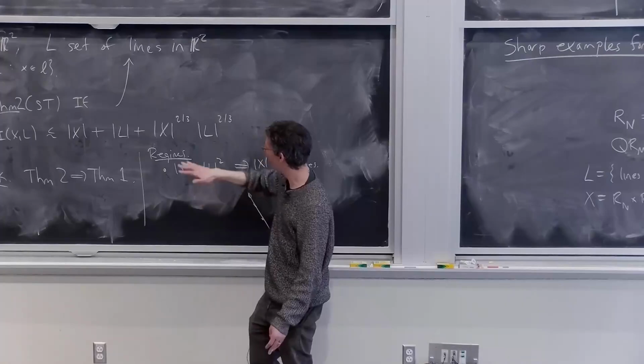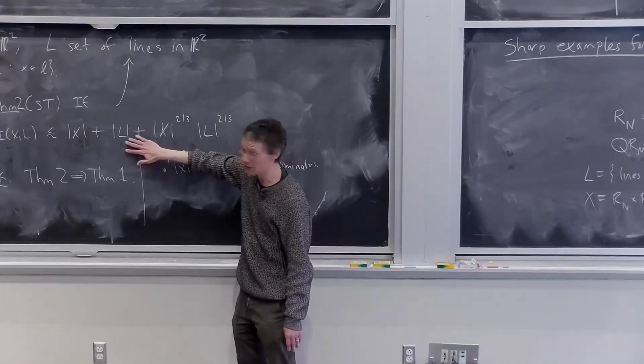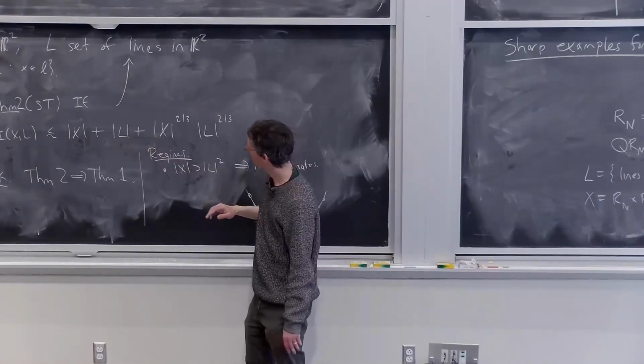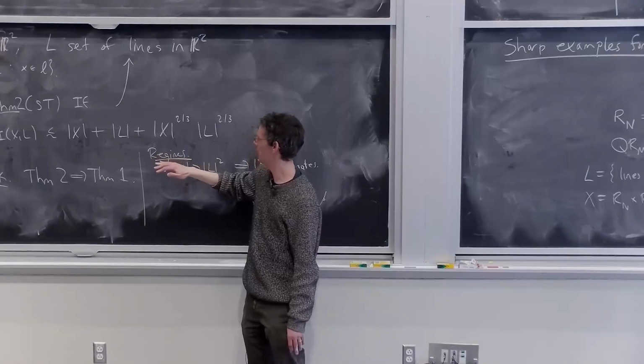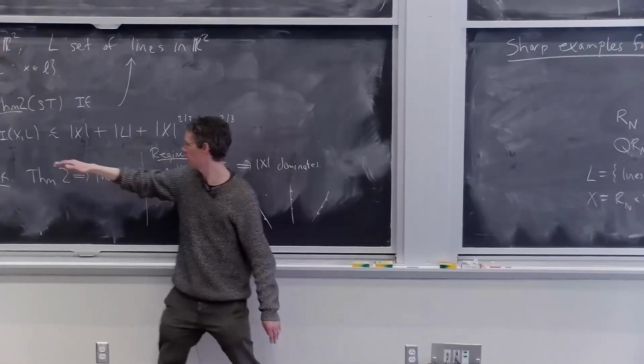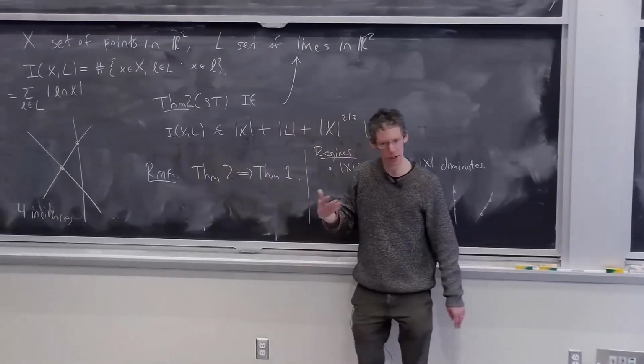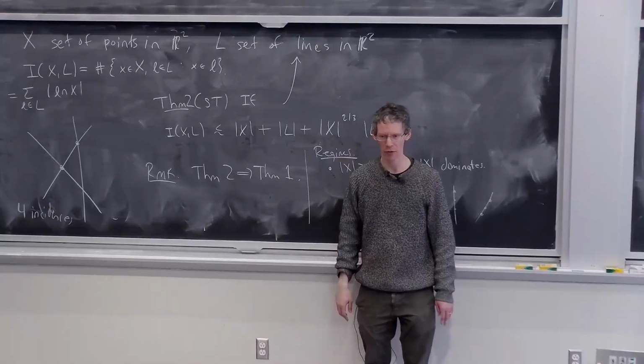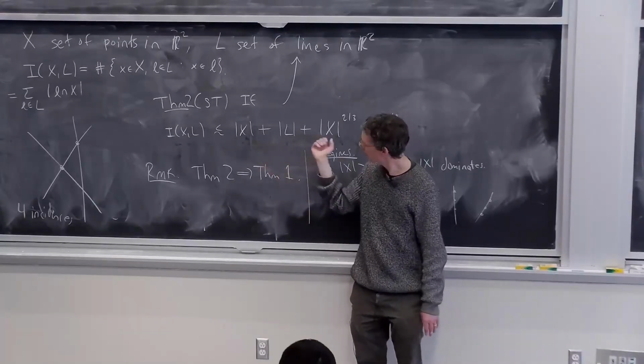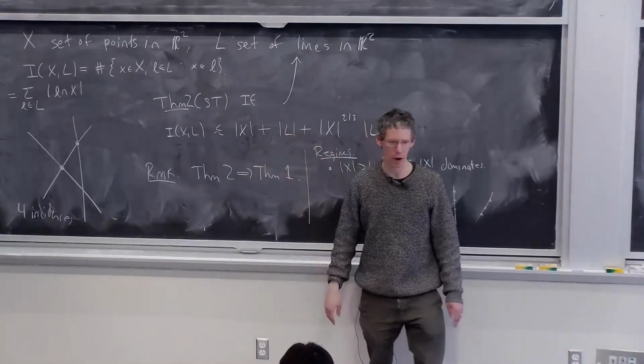So the goal for the class is to describe how to prove this theorem. Right. So the first estimate I'd like to show you is a double counting estimate for the incidences, which is in a similar flavor to the double counting estimates we've done earlier in the class. But let's just see how much double counting tells us about this problem.